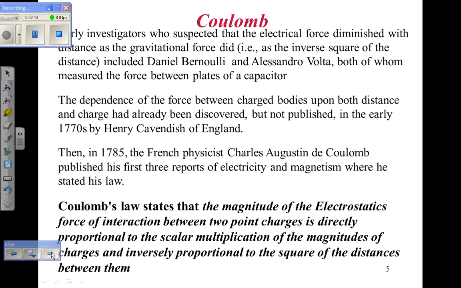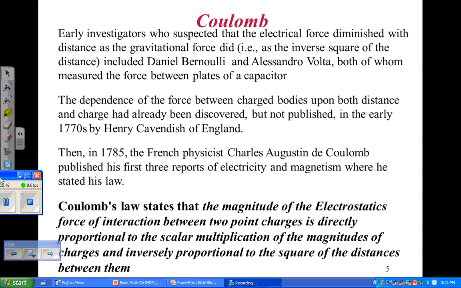Early investigators suspected that electric force diminished with distance, similarly to the gravitational pull. Not in the same way, but similar in that the charges are weaker and weaker as the two charges are farther and farther apart.